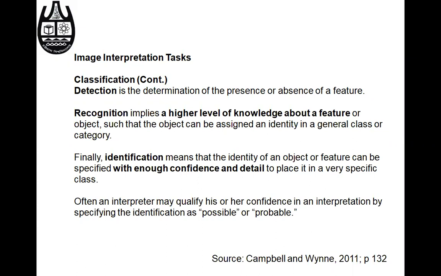And finally, you want to know with more confidence and more detail what the characteristics or features of that particular object are. If you can know that, it gives you more confidence about your object. So all these three levels give you the classification.